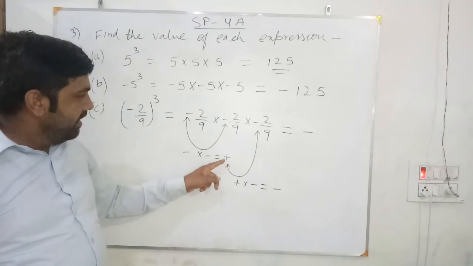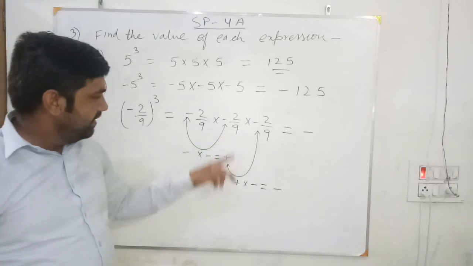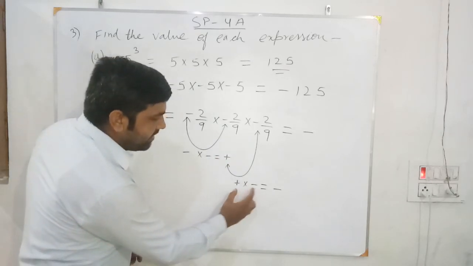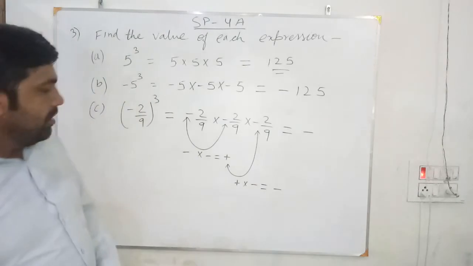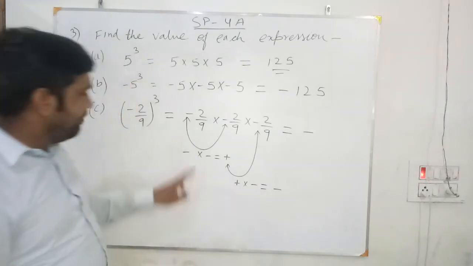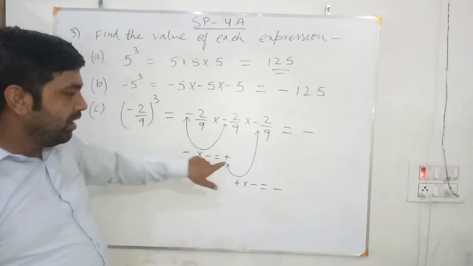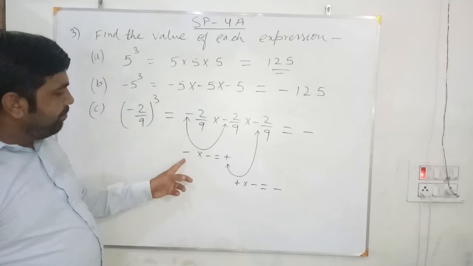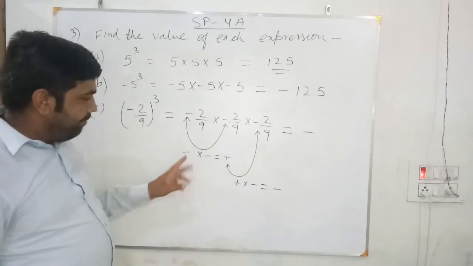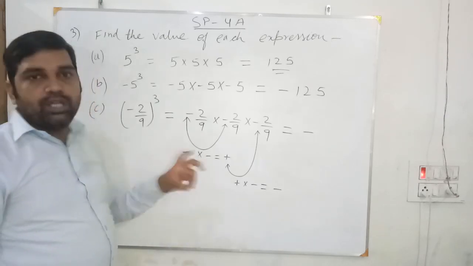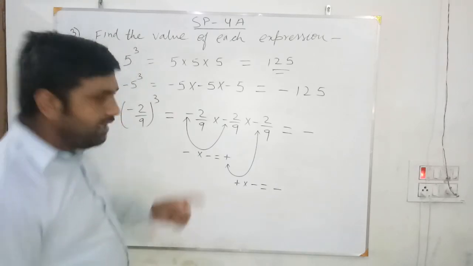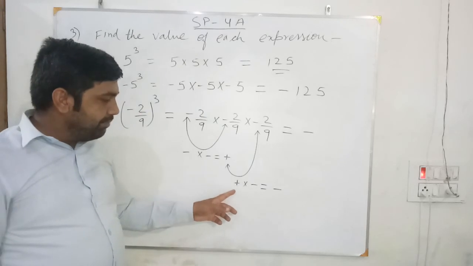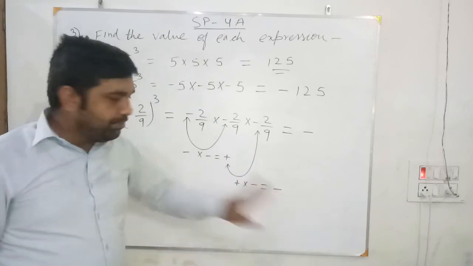Plus and minus, unlike signs, give you minus. So the product of unlike signs is negative, and the product of like signs, both negative, will be positive. If both are plus, then plus multiplied by plus gives plus, and minus multiplied by minus gives plus, because the product of like signs is always positive. And the product of unlike signs means if plus is multiplied with minus, or minus is multiplied with plus, in both cases you will get the product negative.